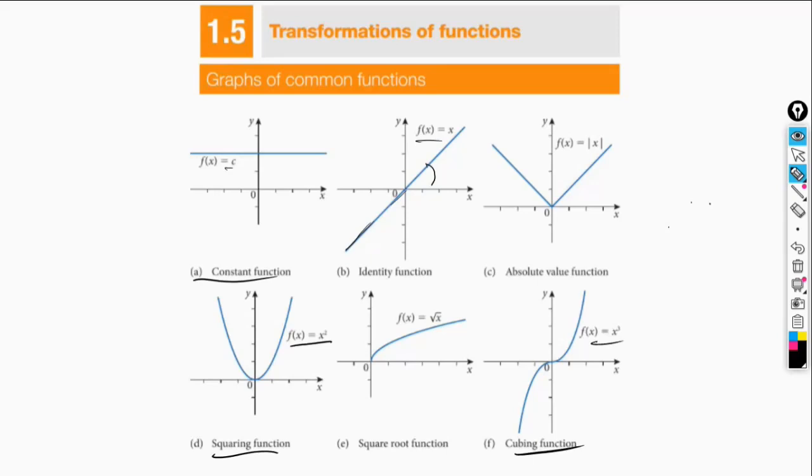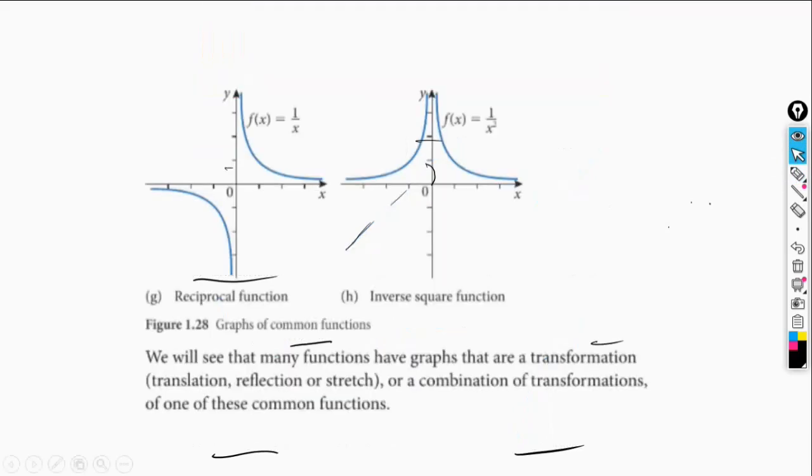On the next slide, you're going to find a couple more of these parent functions, which are the reciprocal function, as you can see there, 1 over x, and the inverse square function. So here's something very interesting. Notice that the inverse square function is 1 over x squared.